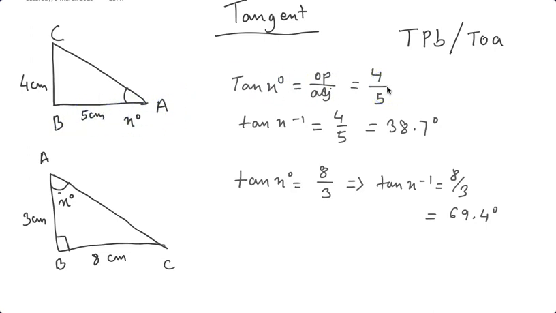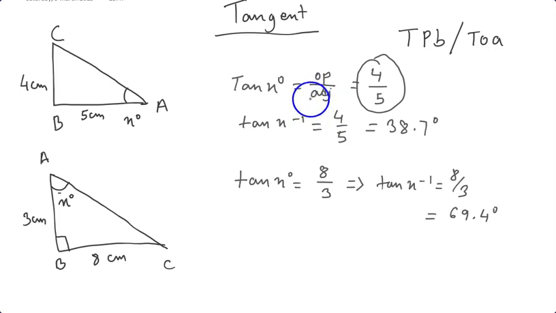So here I have 4 by 5, opposite by adjacent, or perpendicular by base. So tan x equals 4 by 5.